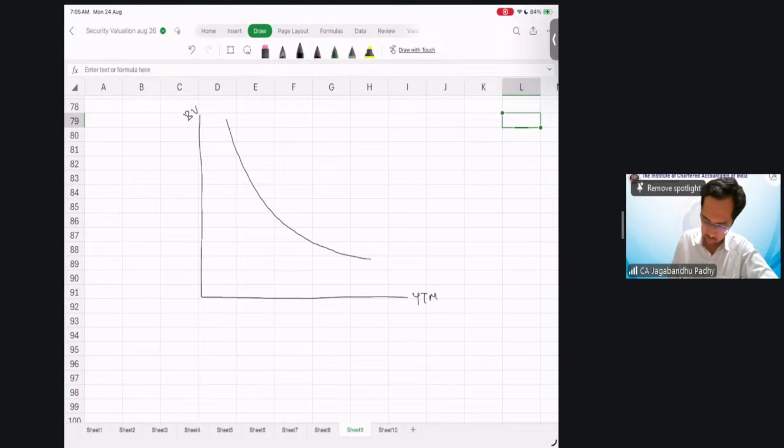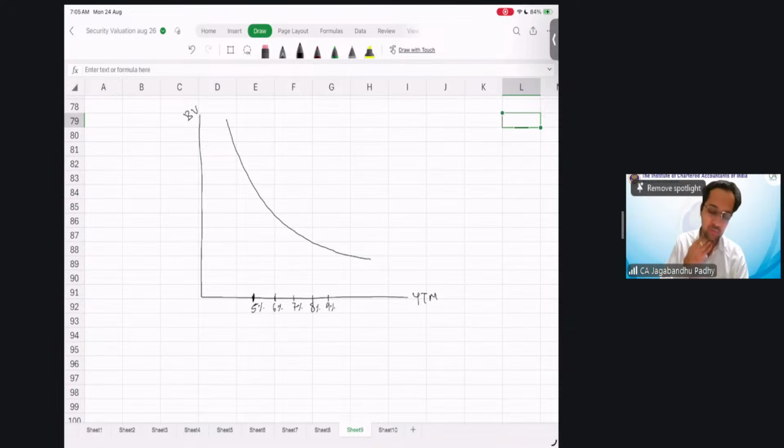Now suppose this is the YTM of 5%, this is 6%, this is 7, 8%, and 9%.